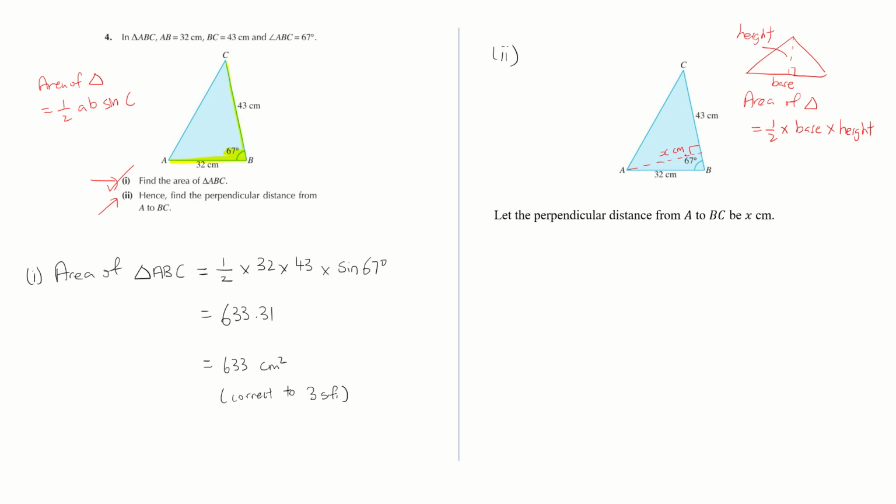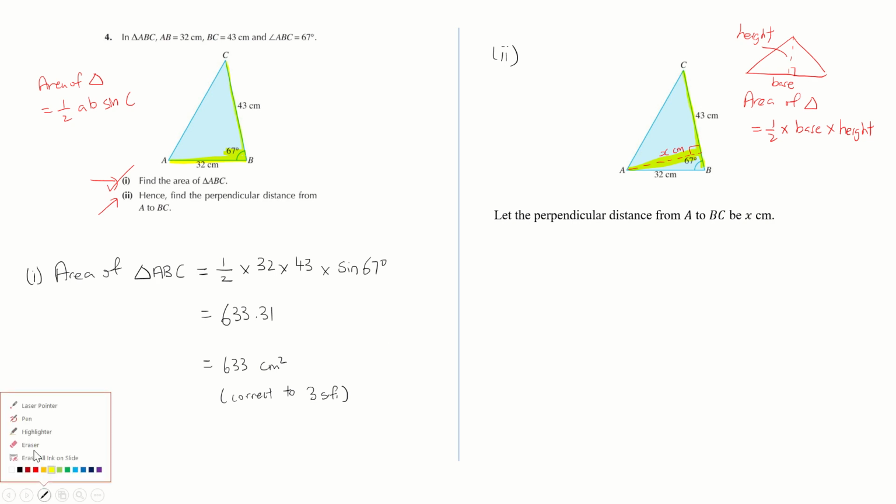So when we have identified this x cm, the height here, this can be the base. Let me just highlight for you all to see. If we take this as our base, this would be the height.